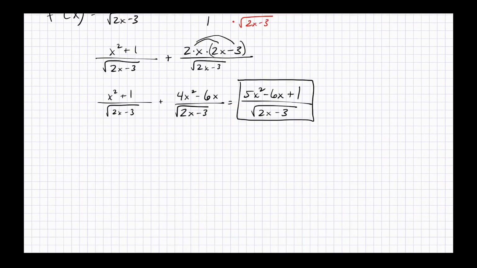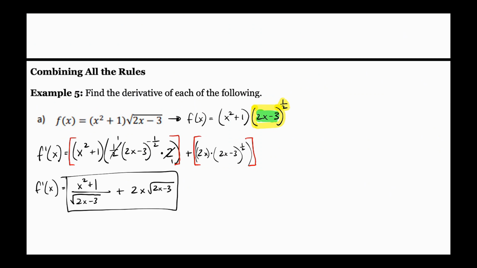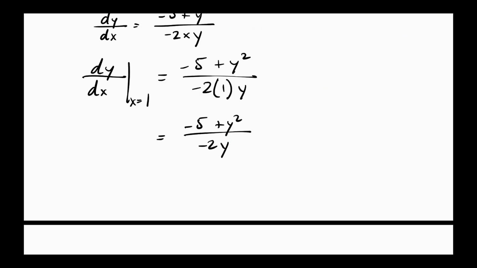We plug in x equals 1 and I get a number, and that's my slope. Is this a slope? Is that a rise over run? You guys?